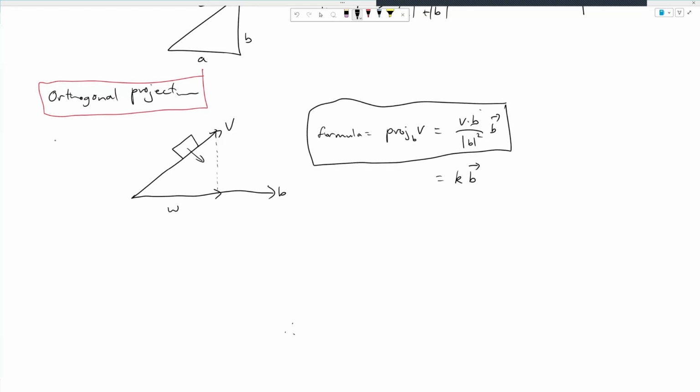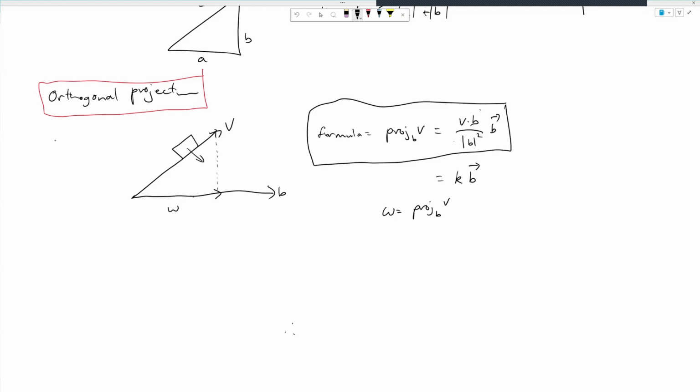So how do we prove that this W is equal to this formula? Let's just do some notation first. Let's call W equal to the projection of V onto B.